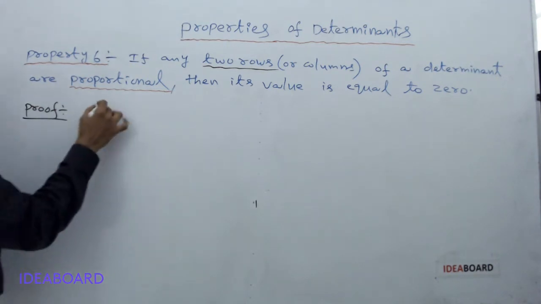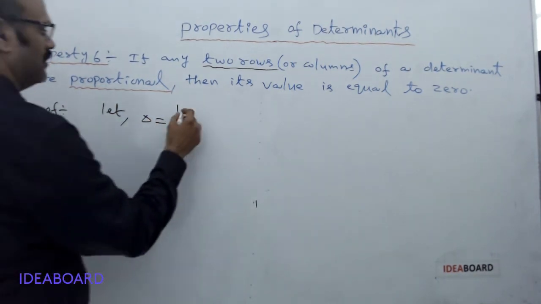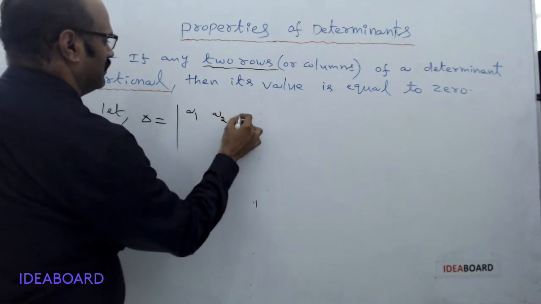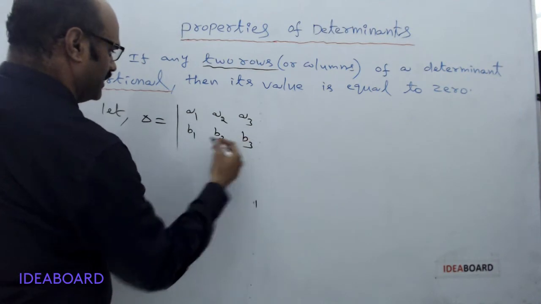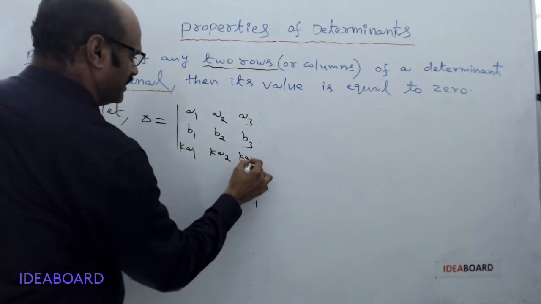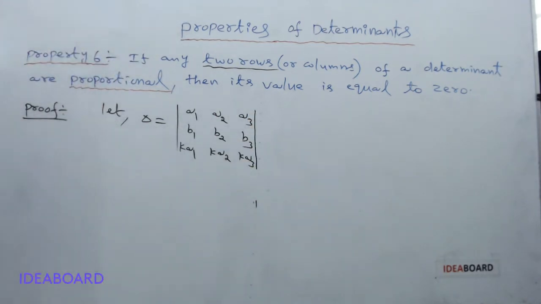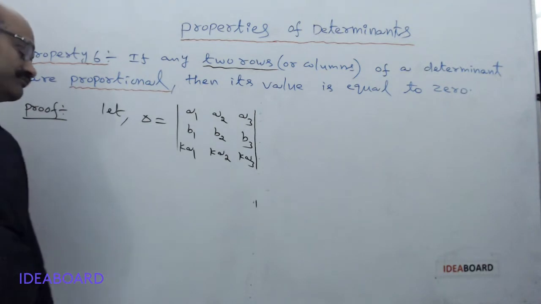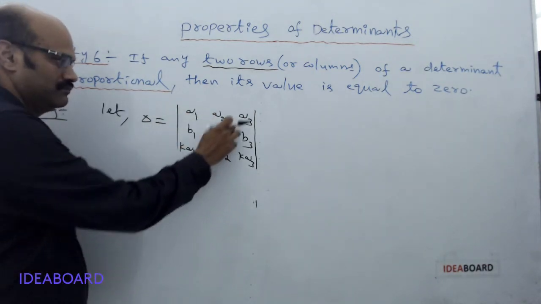Let delta equal to the determinant of a1, a2, a3, b1, b2, b3, ka1, ka2, ka3. Now here R1 and R3 are proportional.